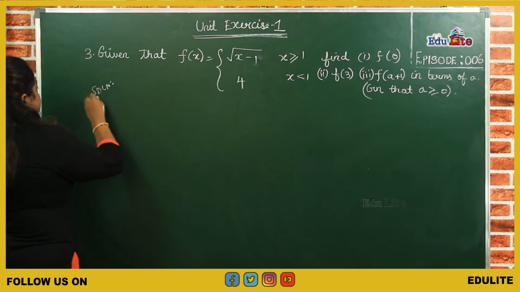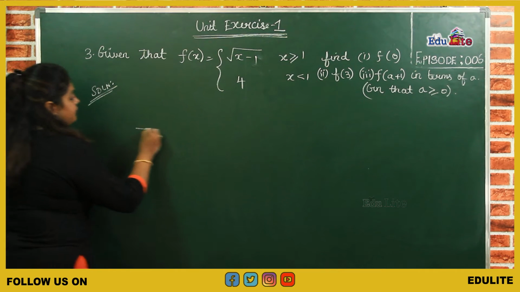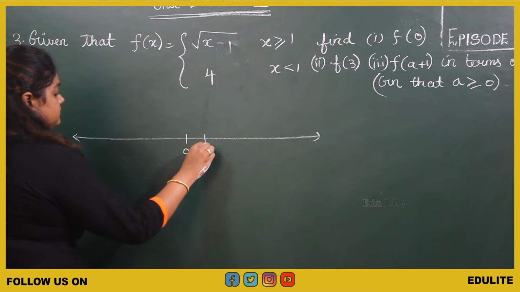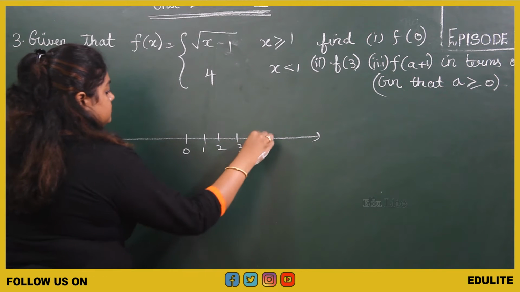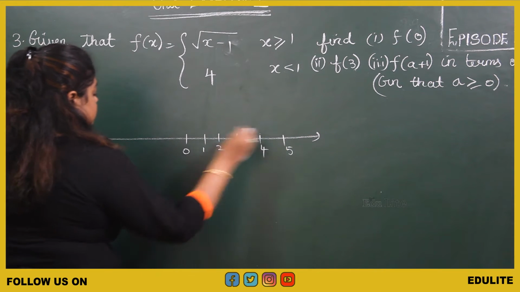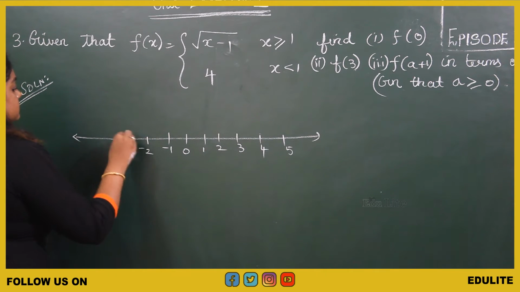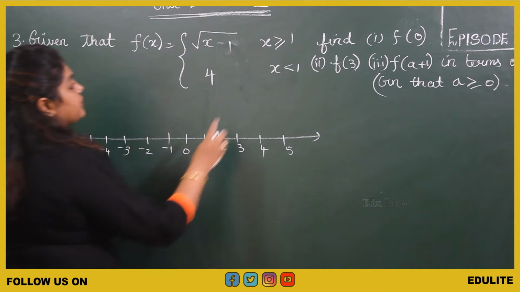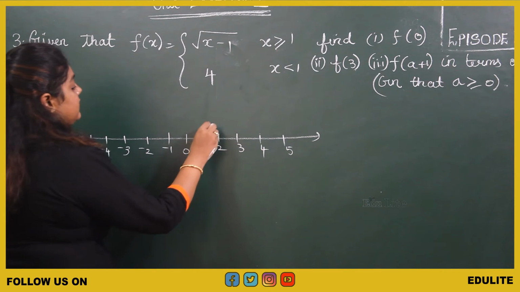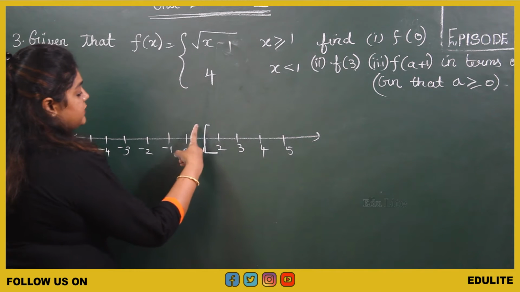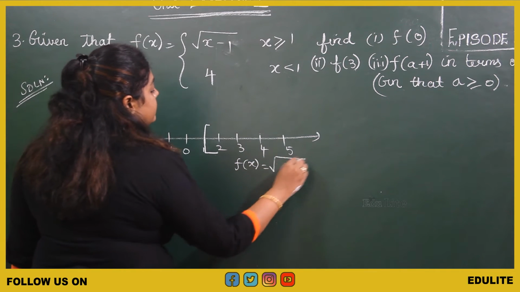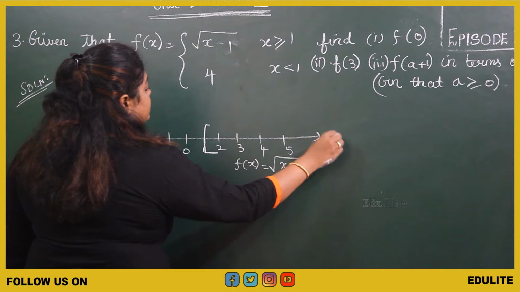So first let us plot the values in a graph. We will consider the x-axis. When x is greater than or equal to 1, 1 is included, that is why I am using closed brackets. f of x equals square root of x minus 1.